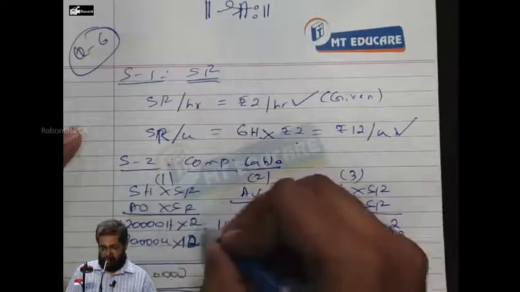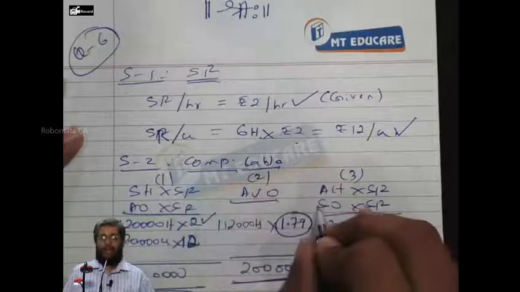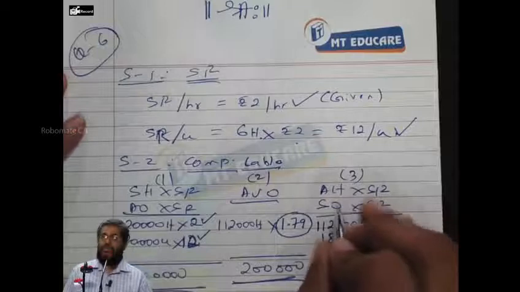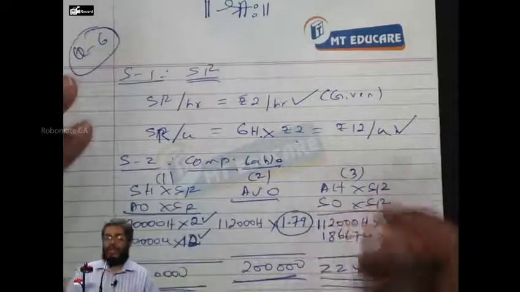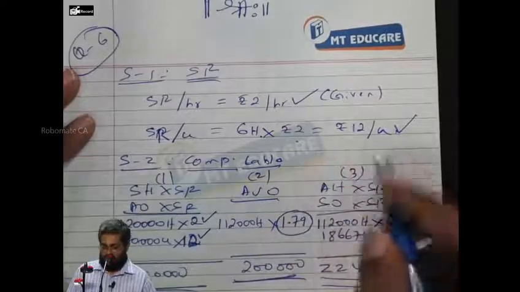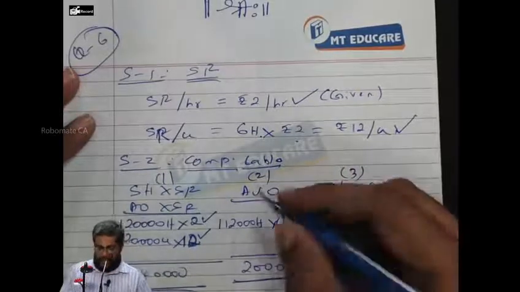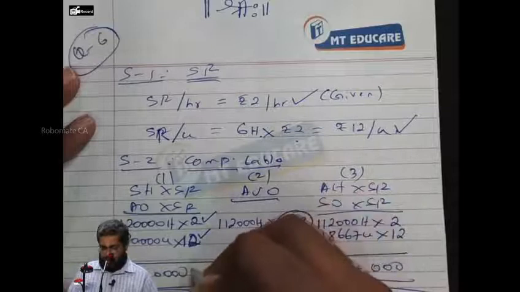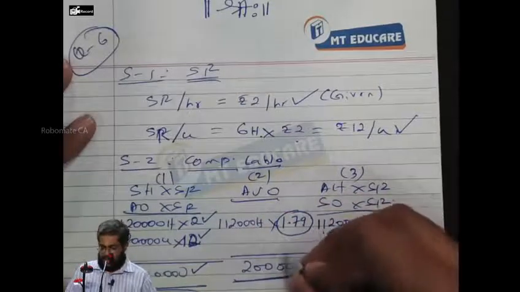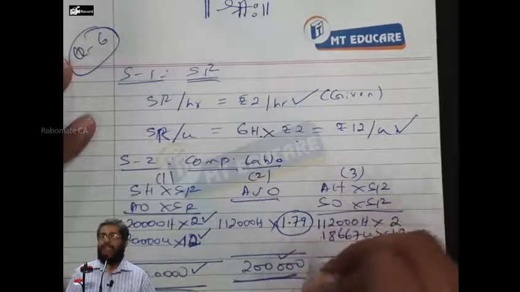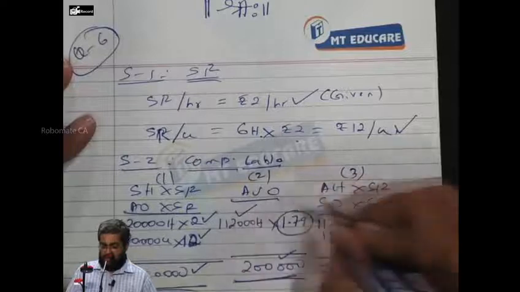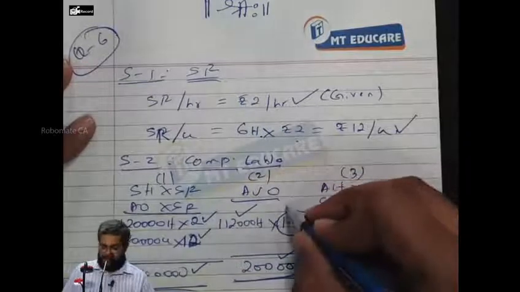1,20,000 hours into 2 or 20,000 units into 12. The total is how much? 2,40,000. AVO given is 2 lakhs. Just for understanding, 1,12,000 hours into balancing figure is 1.79.